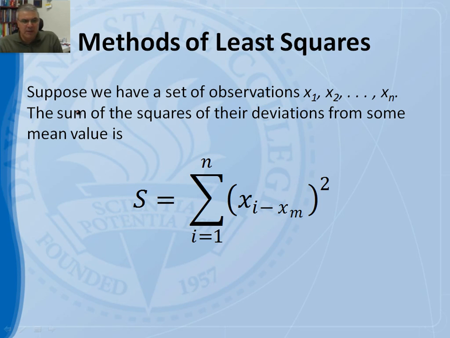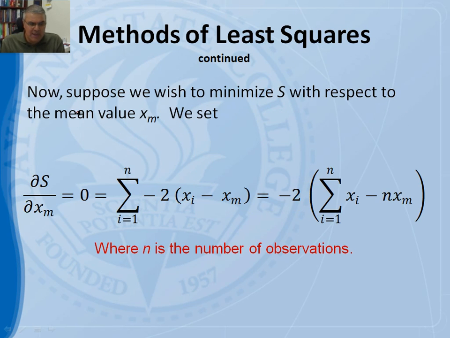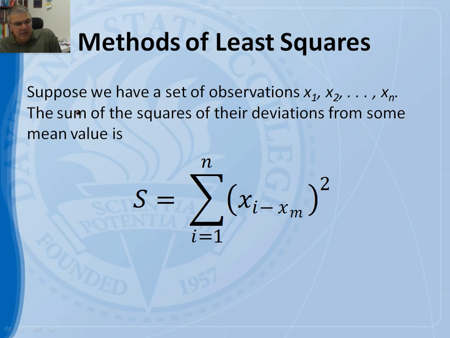As I explained in previous lectures, we can simply calculate the standard deviation, but if you have x1 to x of n, obviously we can do this. N is the number of observations in this case, and x of m is the mean value. So x of i, x1 minus x of m, squared.